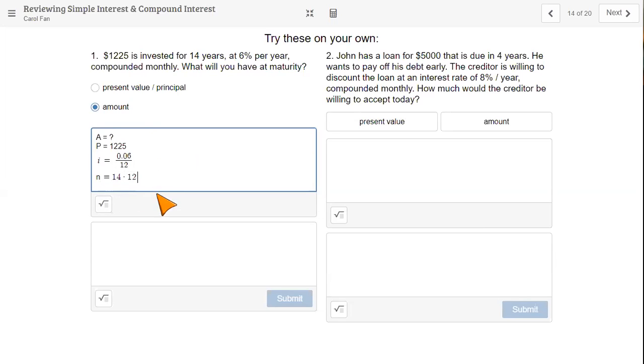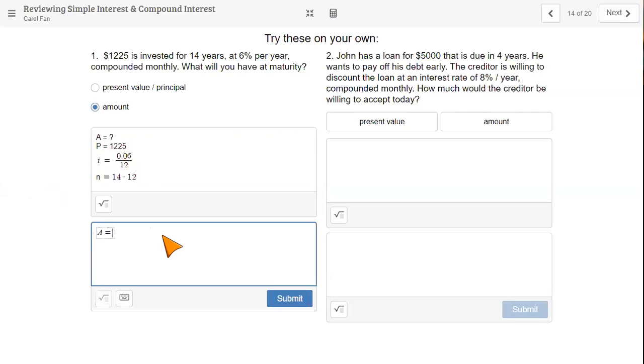Now, one thing to note is, logically speaking, you know that your final amount has to be bigger than your principal because the final amount is going to be your principal plus the interest. So if you ever see an answer where you have something lower than your principal, then it should send a red flag to say this isn't really working out.